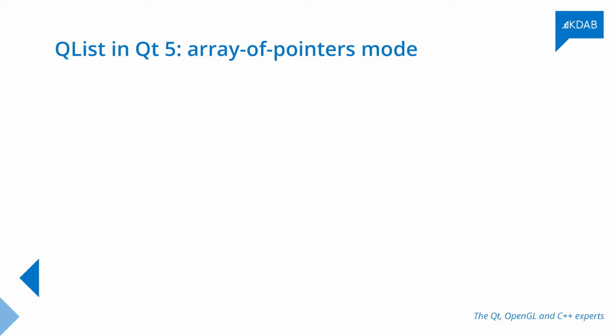So let's now analyze the first way in which QList can work in Qt 5, the so-called array of pointers mode.